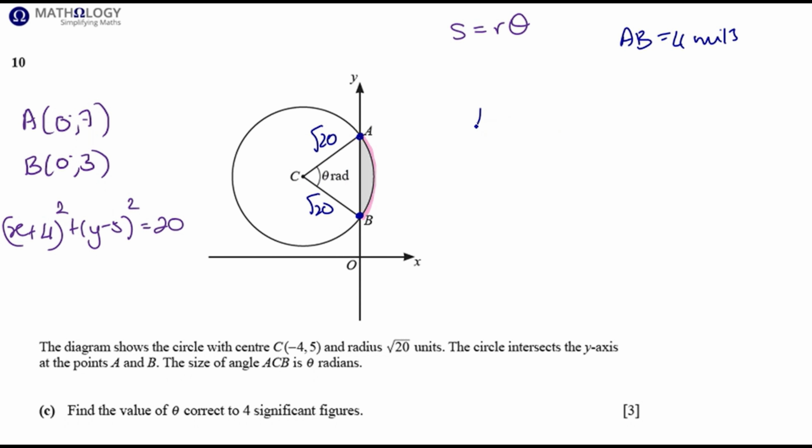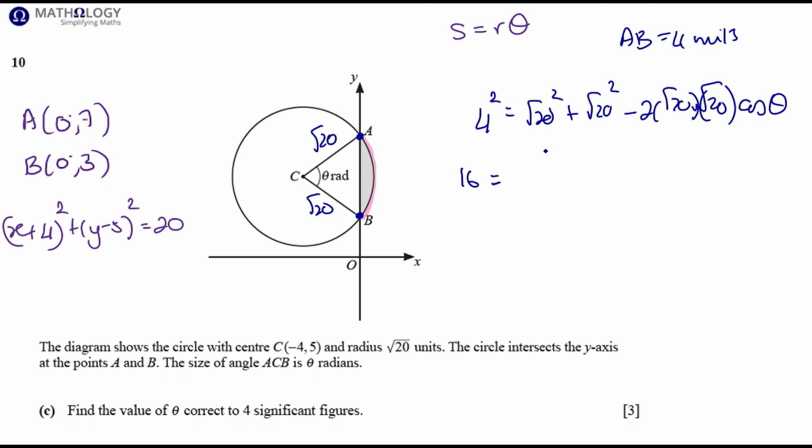So AB squared, which is 4 squared, equals root 20 squared plus root 20 squared minus 2 times root 20 times root 20 cos theta. So 16 equals root 20 squared is 20, 20 plus 20 is 40, minus root 20 times root 20 is 20, times 2 is 40.